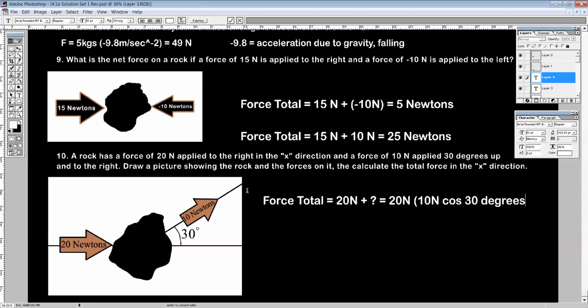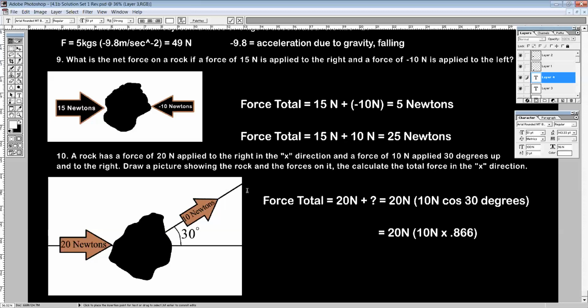And so that's our math on that. All right, so when we look up, the cosine of 30 degrees in decimal form is 0.866.